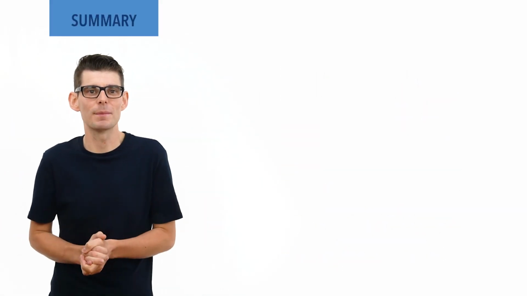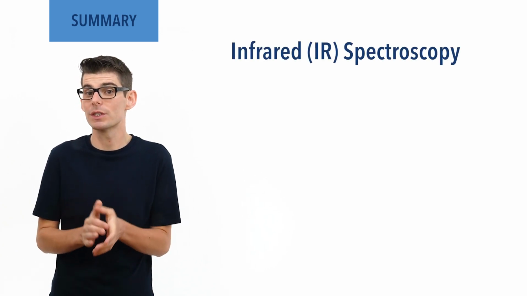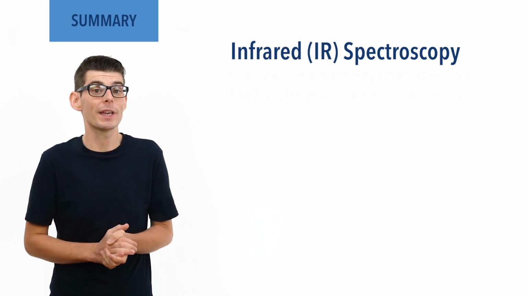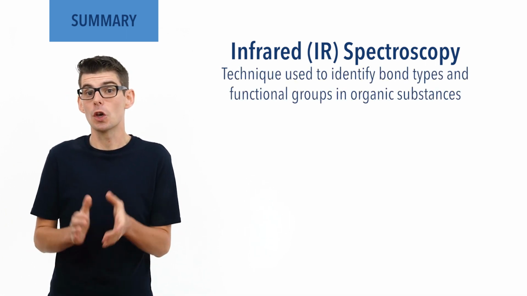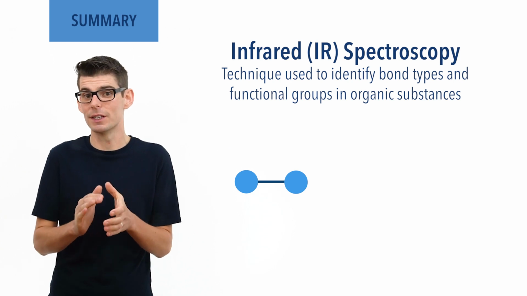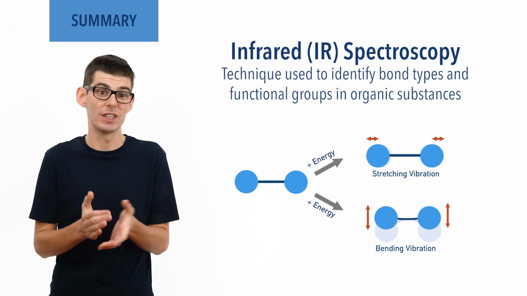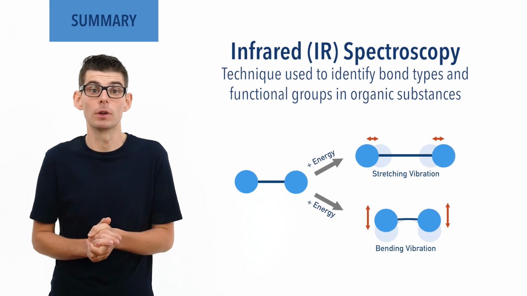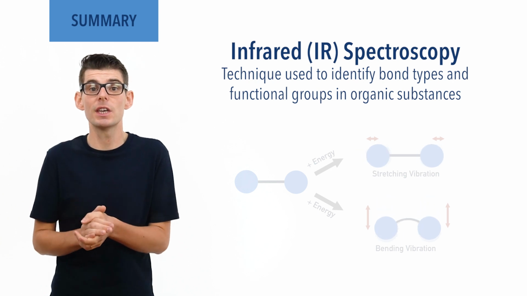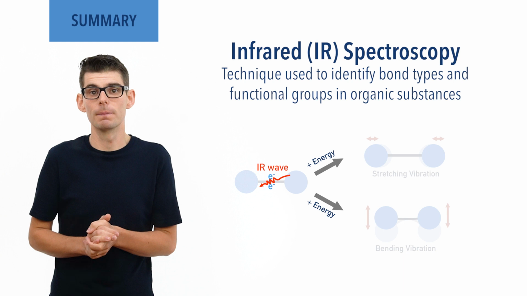So, to summarise, infrared spectroscopy is a technique used to analyse the bond types and functional groups present in organic molecules. Covalent bonds can absorb specific amounts of energy to vibrate in certain ways, and different bond types absorb different amounts of energy to do this. For most organic molecules, the bonds in them can be made to vibrate using energy found from the infrared region of the electromagnetic spectrum.